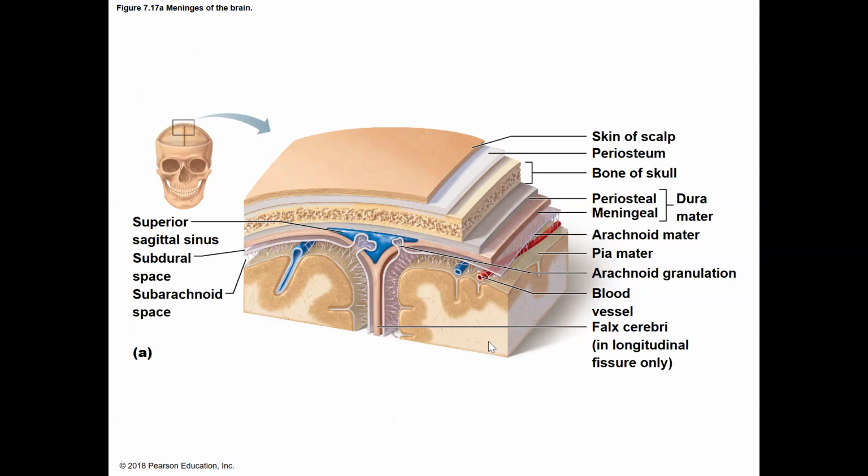At the bottom you have the brain, the white matter and the gray matter, the sulci and the gyri. This soft area is the subarachnoid space, a cushioning area between the pia mater, soft mother, and the arachnoid layer of the brain.